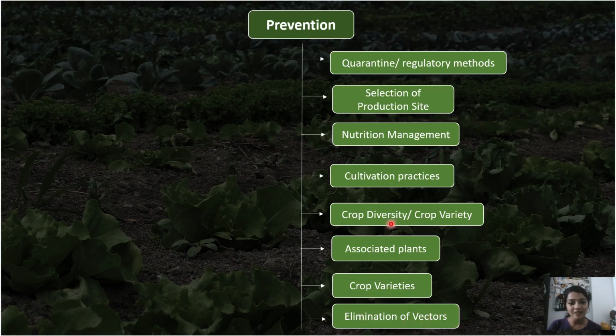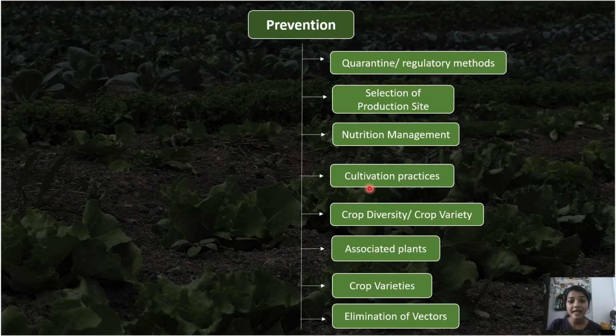So these are strategies that can be used to prevent the diseases. The disease is not yet in your field and you are trying to keep it away from your field, right? So we are going to understand each of these in a bit more detail.